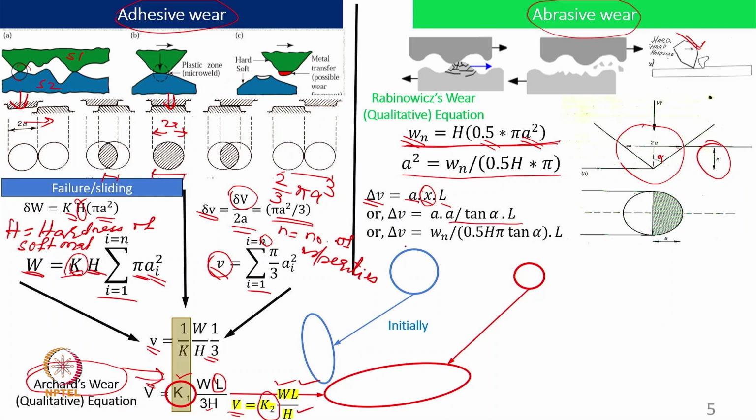So substituting it, we rearrange this complete thing, because wear volume can be given in terms of normal load, sliding distance, and hardness also. If we rearrange this equation, wear volume overall can be given as 2 by pi tan alpha times normal load, sliding distance, and hardness, and this can be treated as one constant.